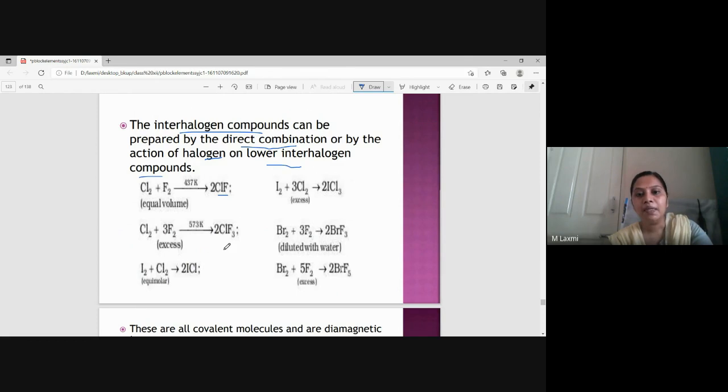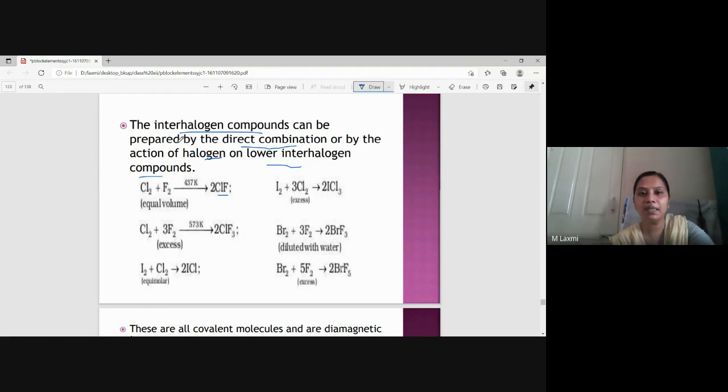Say, for example, let me try one: ICl plus Cl2 resulting in ICl3. So that is the action of halogen on a lower interhalogen compound. That was a rough example.